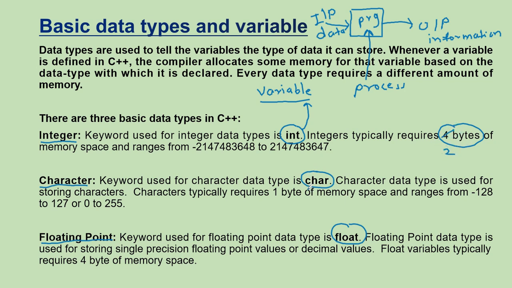If we are going to use character type of data, then it will take 1 byte of memory. If we are going to store floating point data, then normally the computer will take 4 bytes of memory space. In this way the basic data types are there.